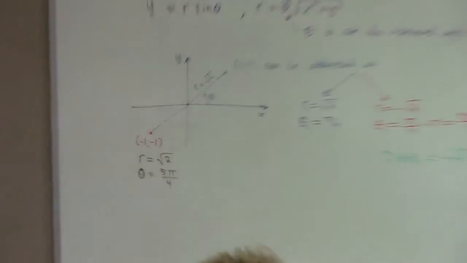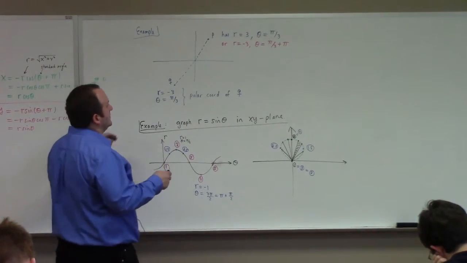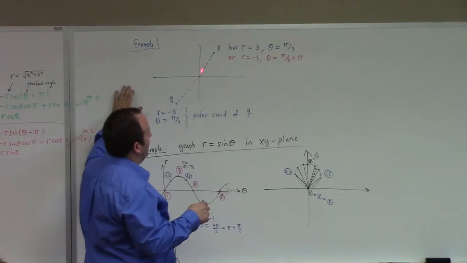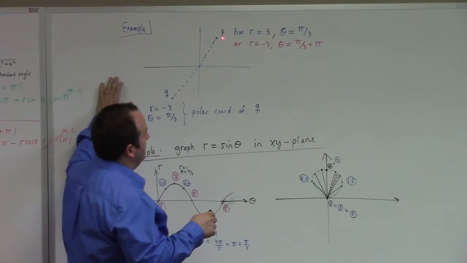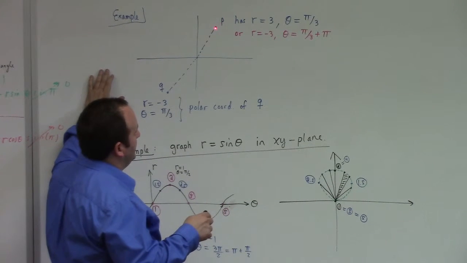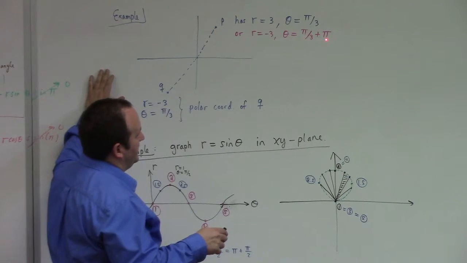So over here, just to continue this discussion, to try to let this negative radius thing sink in, one more example. If I have radius 3 and pi over 3, like up here, right? On the other hand, I could describe this particular point as also minus 3 and angle pi over 3 plus pi.